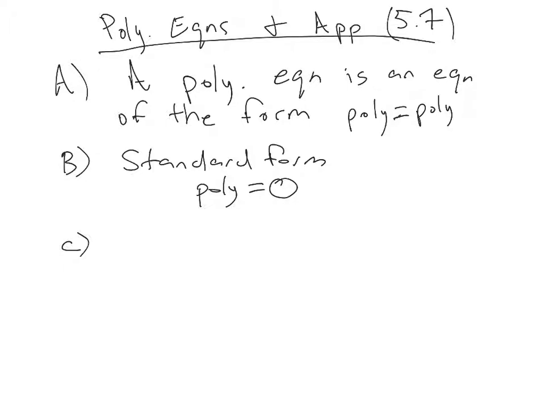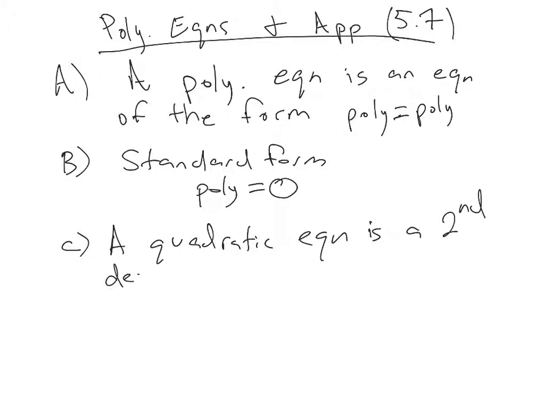Part C. A quadratic equation is a second degree equation. And we're going to see what that means.